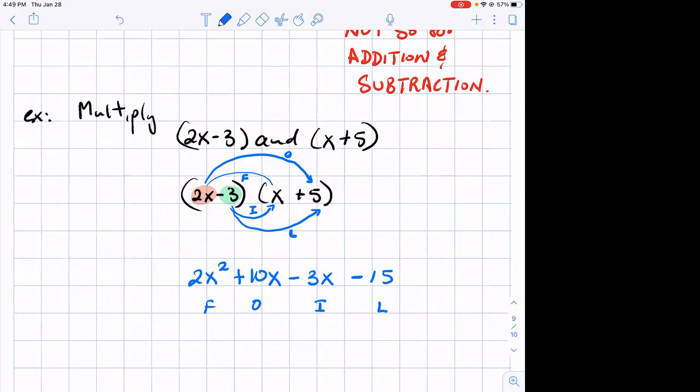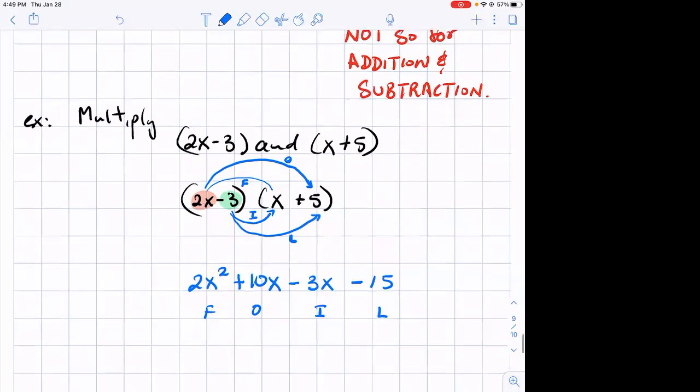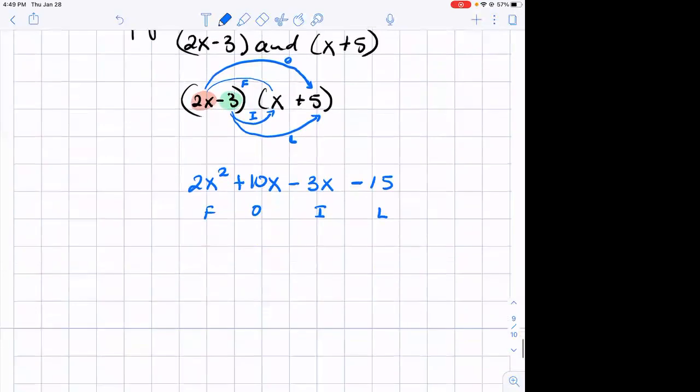I'm not a big fan of FOIL because it only works when you multiply two binomials, right? So I don't like to remember something that only works once. Only for two binomials you can use FOIL. Now, if you notice here, we have what is called like terms.